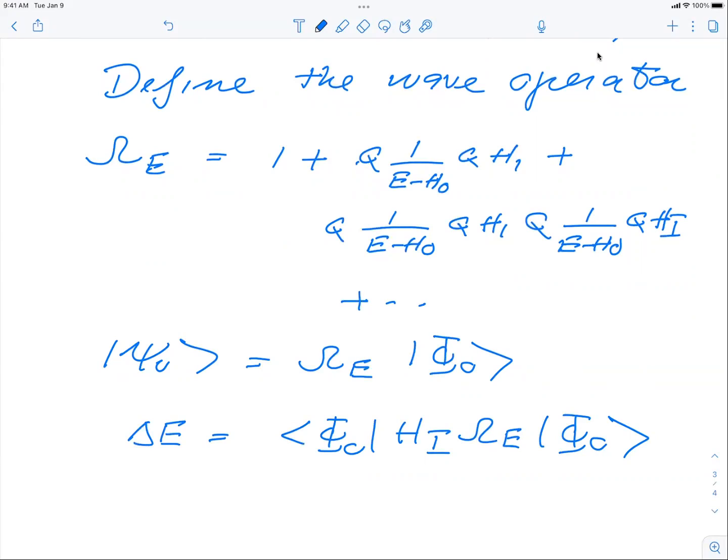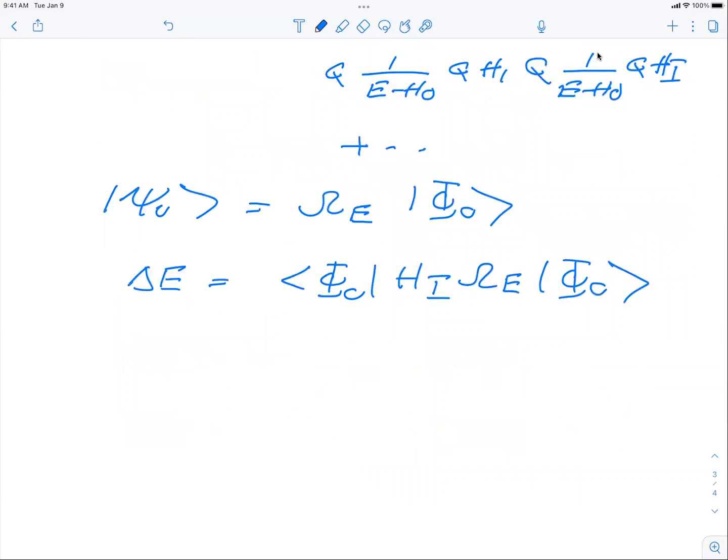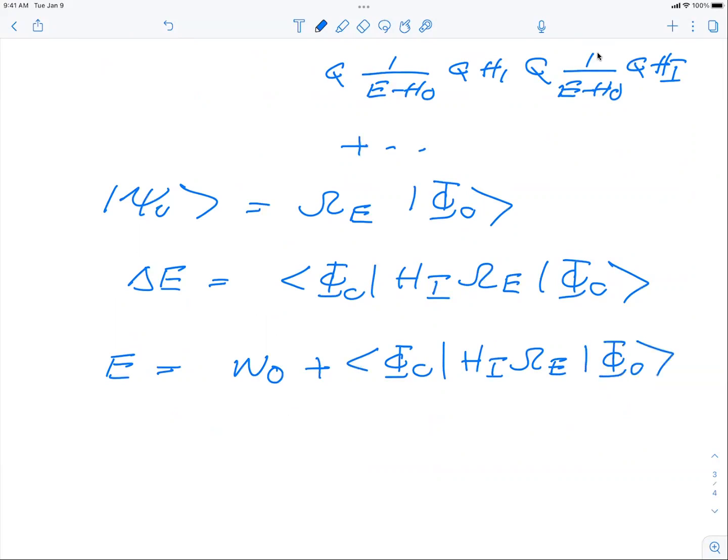We can perform further manipulations here. The total energy in this compact way is written in terms of W0 plus phi 0, and then H of I multiplied with this wave operator and phi 0. So the wave operator can be seen as a way to represent the exact wave function in terms of a perturbative expansion, which contains the interaction divided by the energy, which we have as an unknown quantity here.